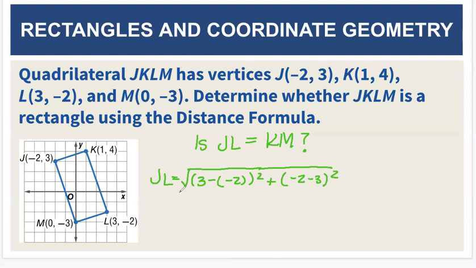Okay. So that's going to give us the square root of 25 plus 25, which would be the square root of 50. Okay. Then that's going to be 5 root 2, right? Okay.